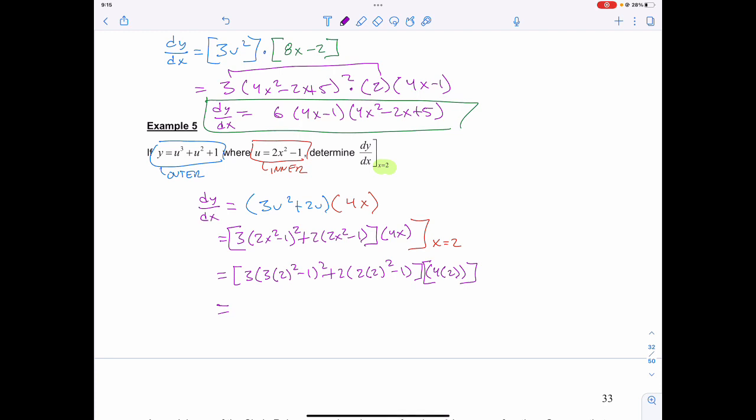Or 3 times 49 plus 2 times 7 times 8, which is going to give 1,288.